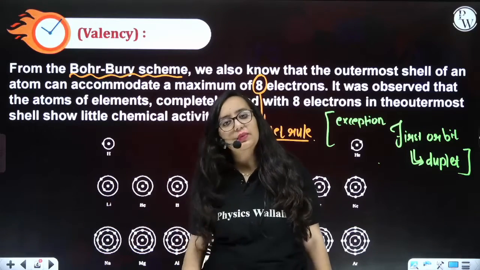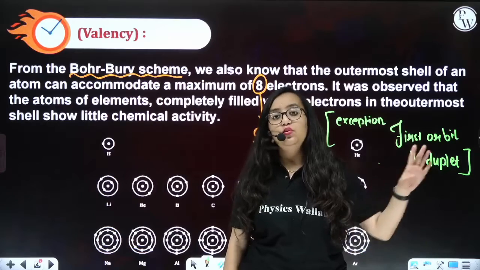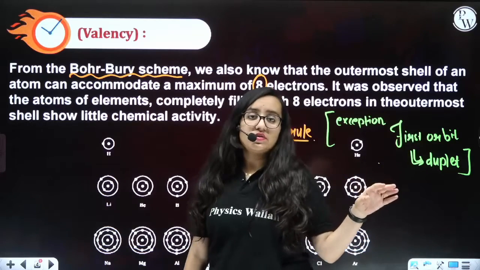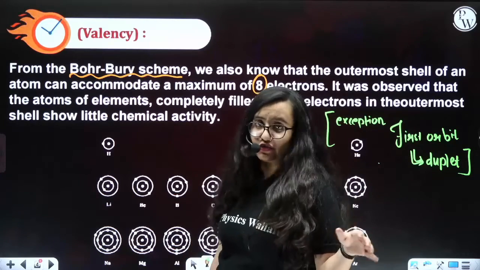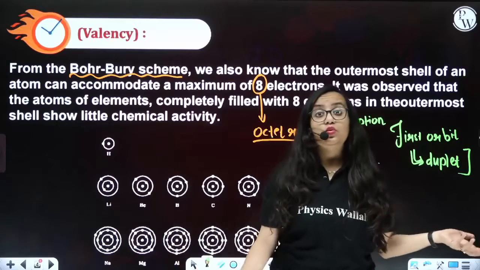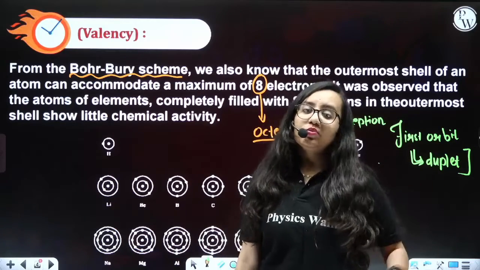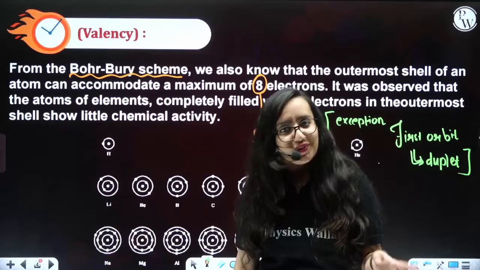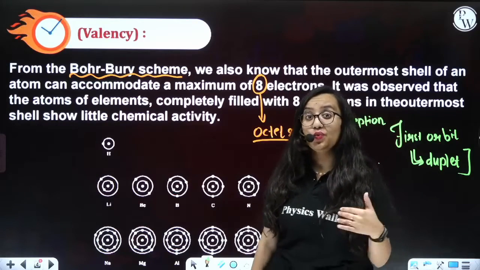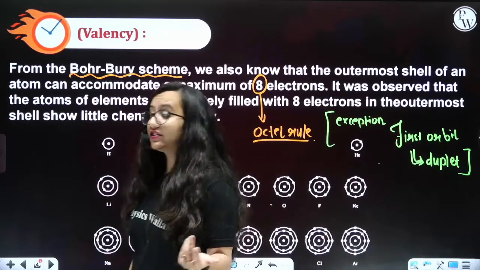The atom will not come and tell you that today I'm in the mood to lose electrons, so please take away my electrons, or today I'm in the mood to accept electrons, please give me some. It does not work like that, right? So how will they decide whether to lose or gain?